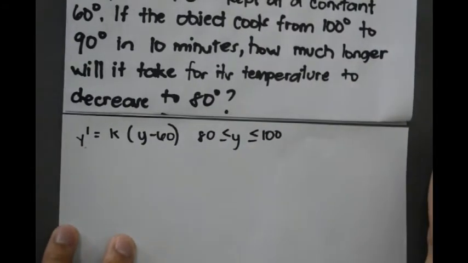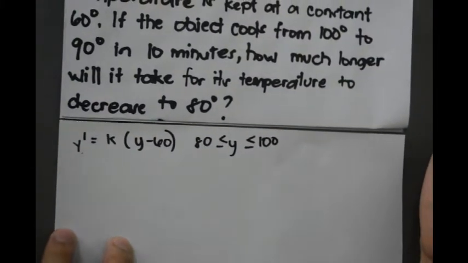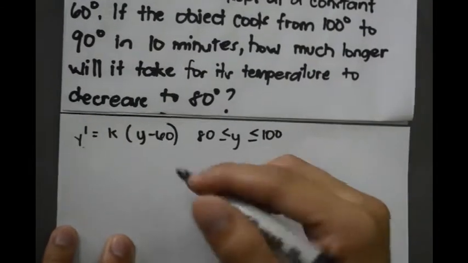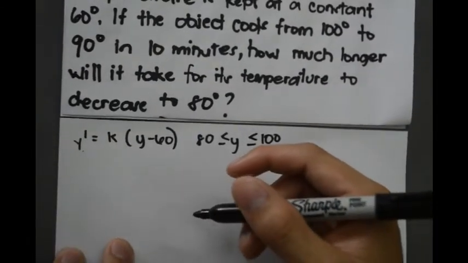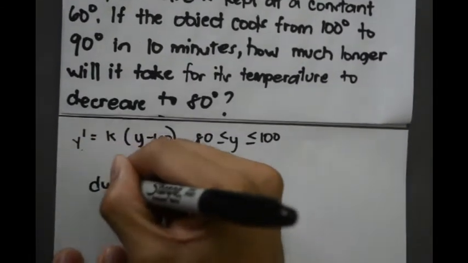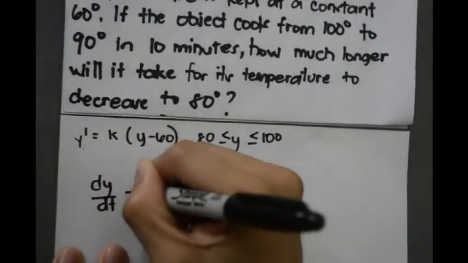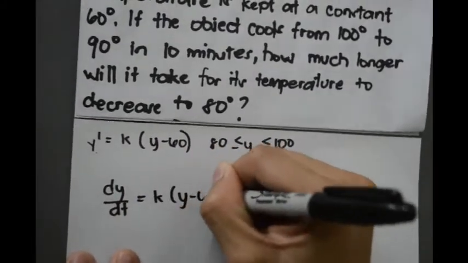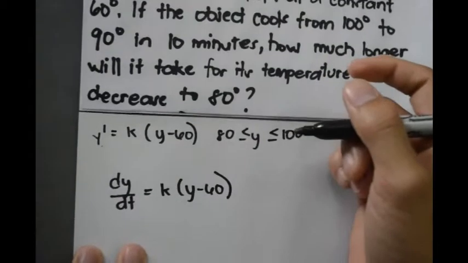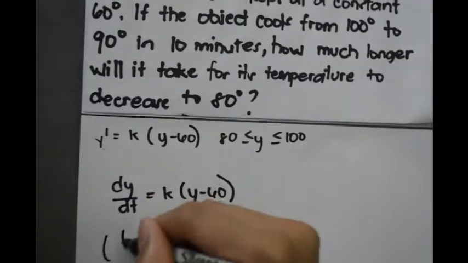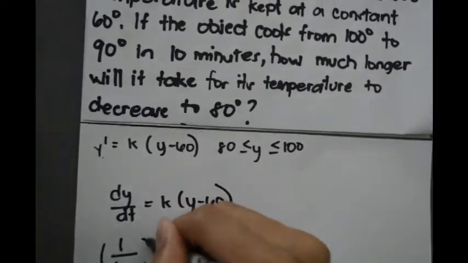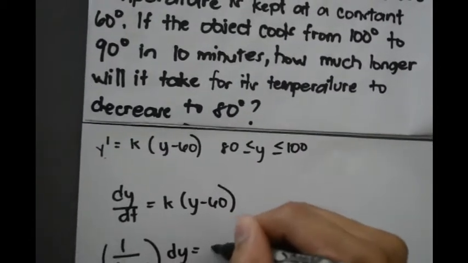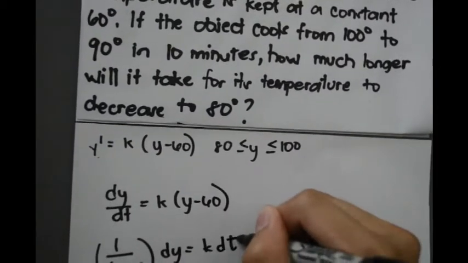To solve this differential equation, use separation of variables and integration. The differential equation is dy over dt equals k times y minus 60. Separating variables, 1 over y minus 60 times dy is equal to k dt.